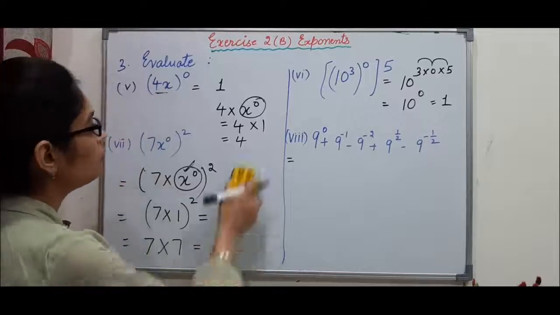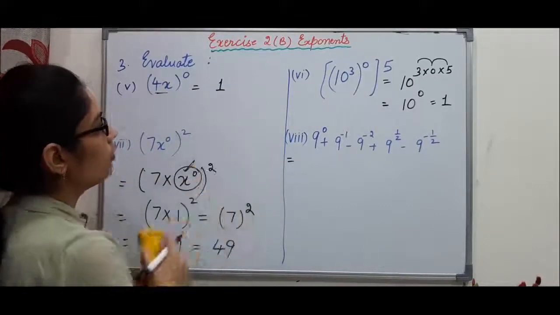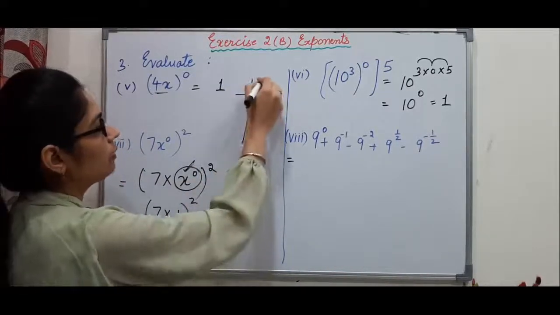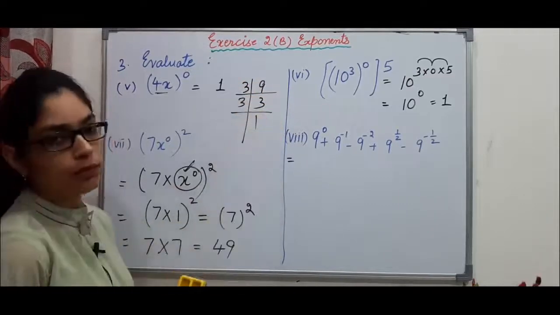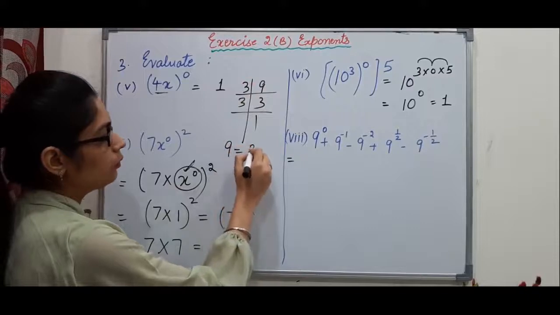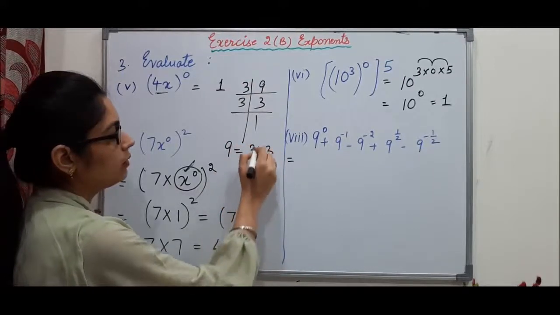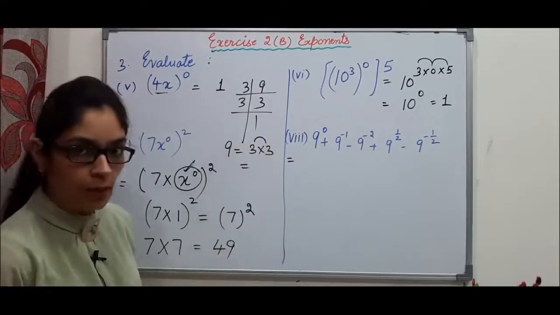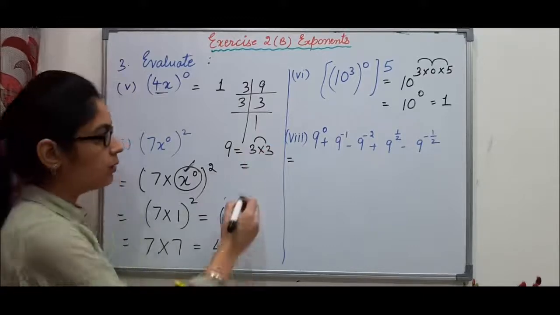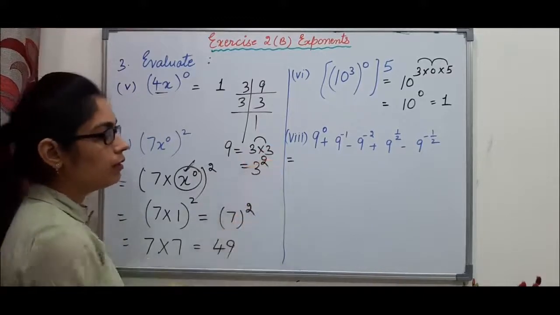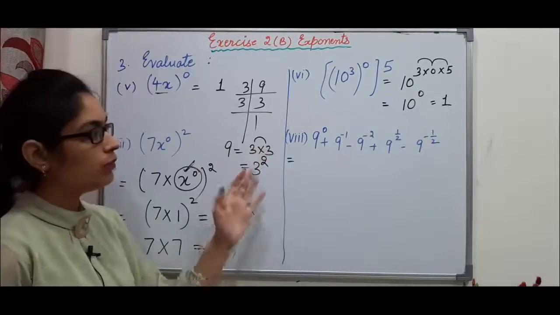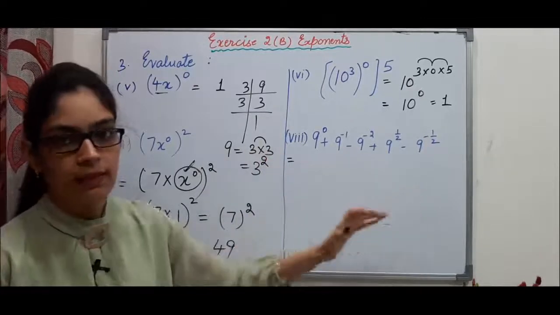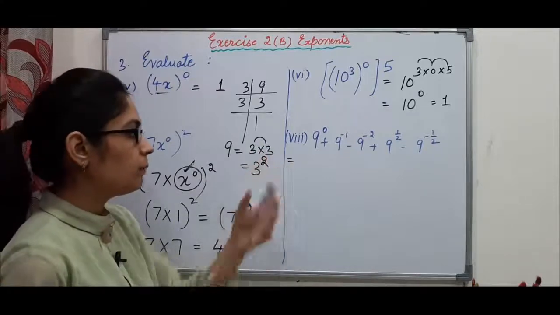The exponential form of 9 we already know, but again I will show you. 9 is 3 into 3, 3 into 1. So when we multiply 3 two times, we are getting 9. So if I want to write 9 in exponential form, it is 3 to the power 2, because 3 is getting multiplied 2 times. So wherever you are seeing 9, just change it into 3 to the power 2.